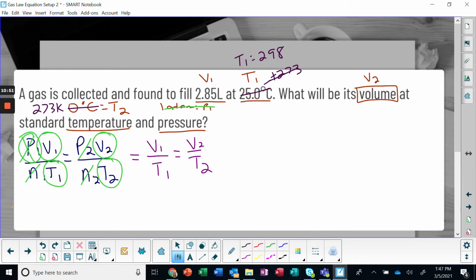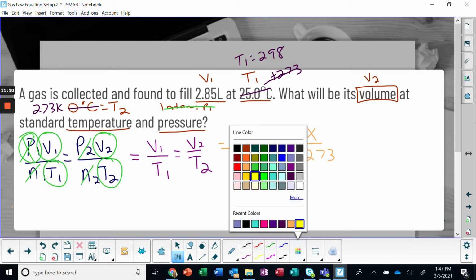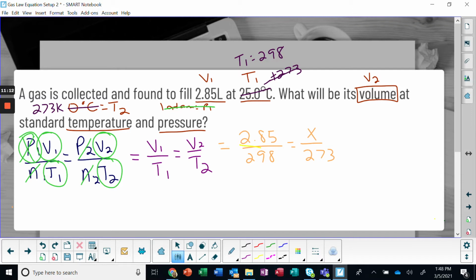So now we just plug it in and we solve. V1 is 2.85 divided by T1, 298, equals V2, which is X, over 273. We've plugged everything in, now we solve.